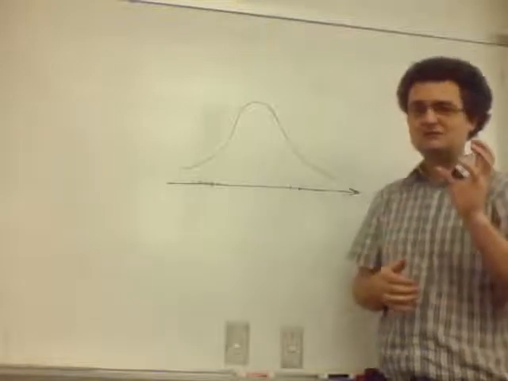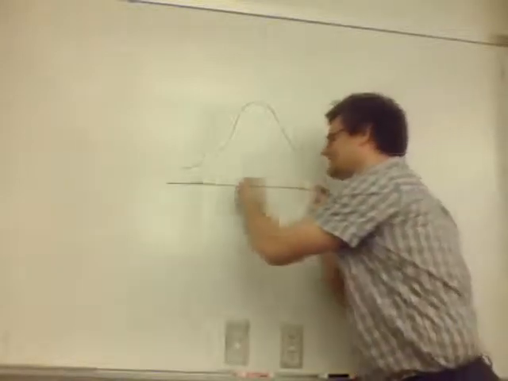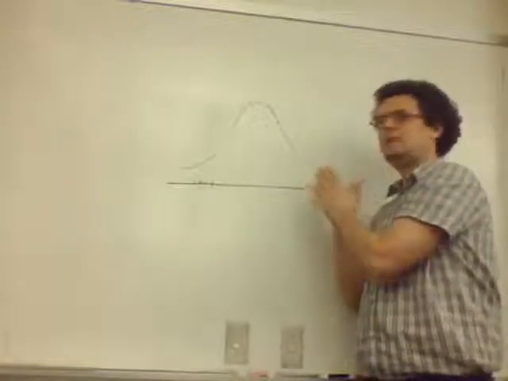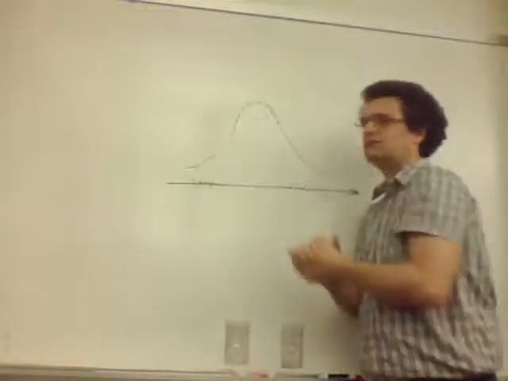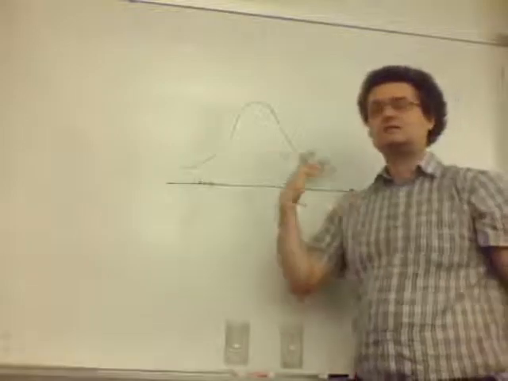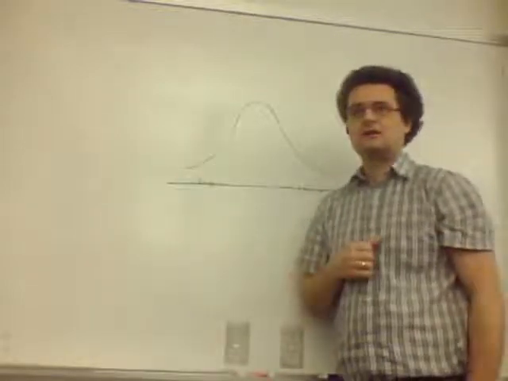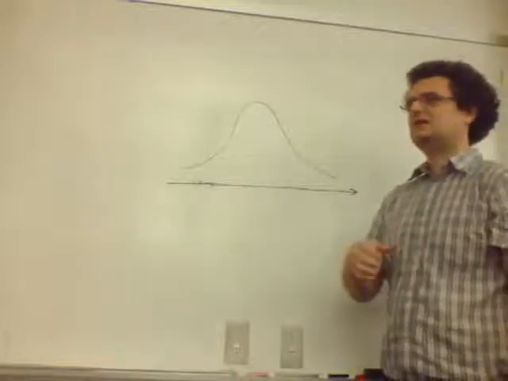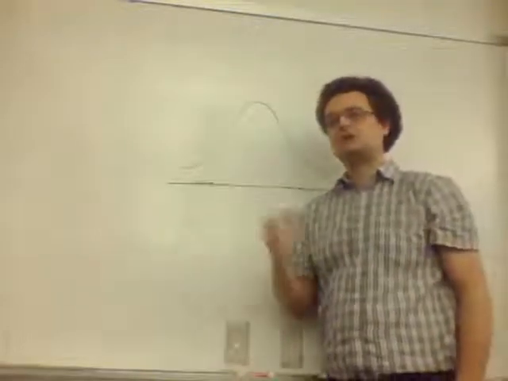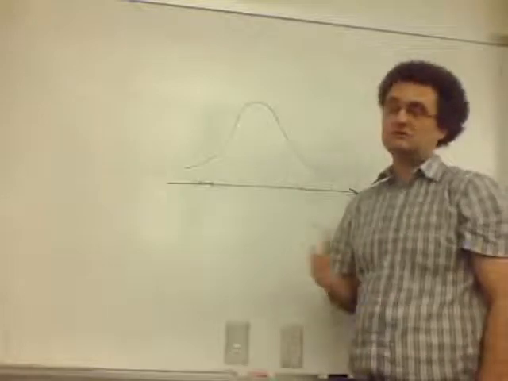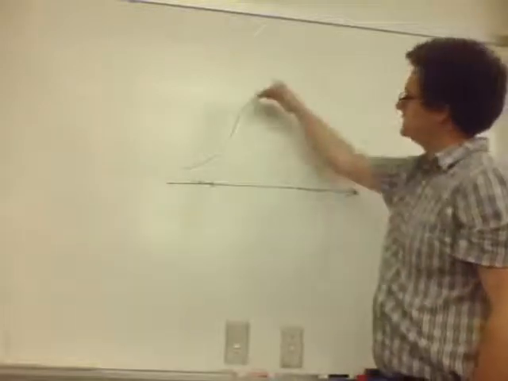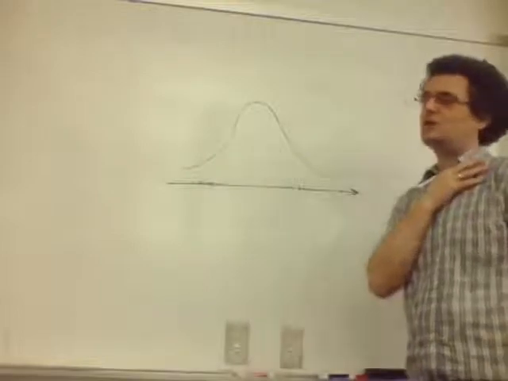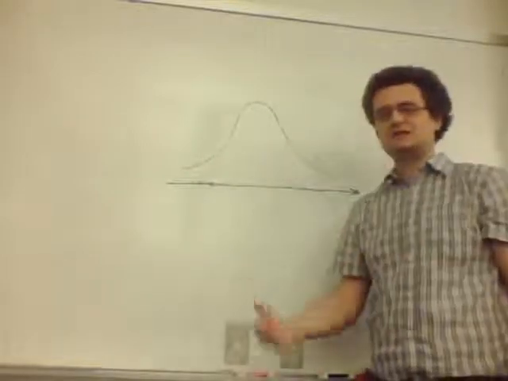So a continuous random variable is when you have continuum many values, so any number in some interval can be a possible value of the random variable, and in that case the distribution is graphically represented. One way to represent it is using this curve, and this curve we call the density of that distribution.